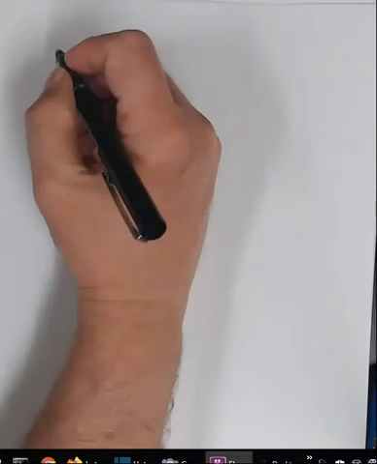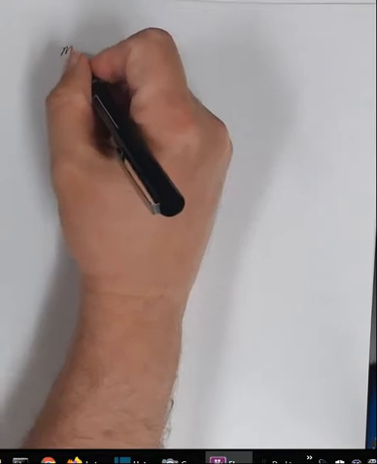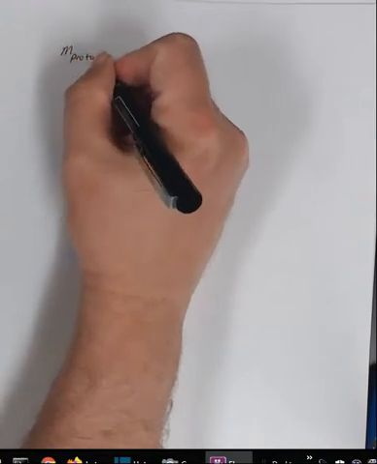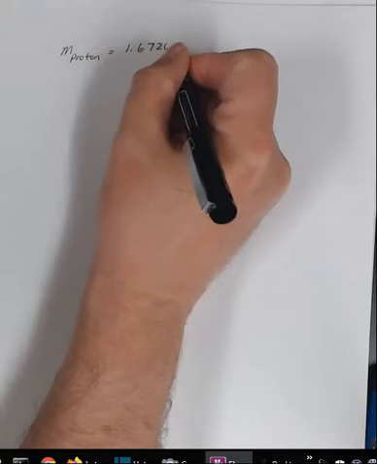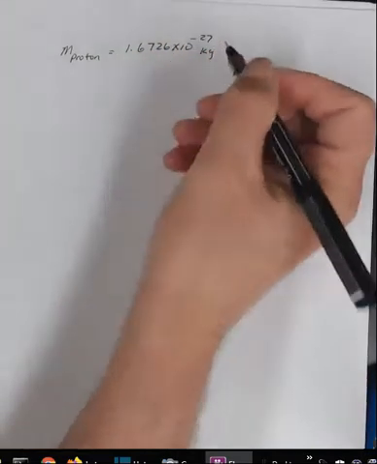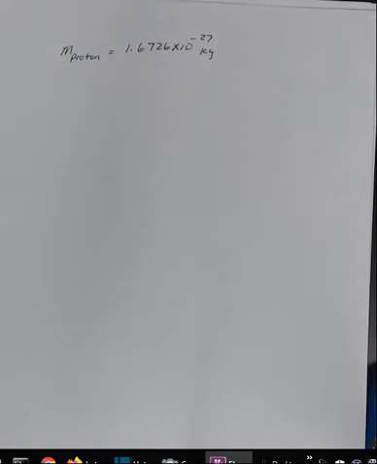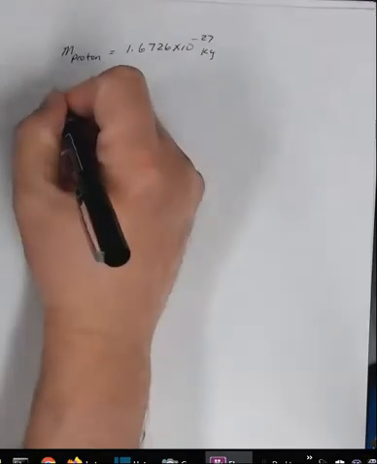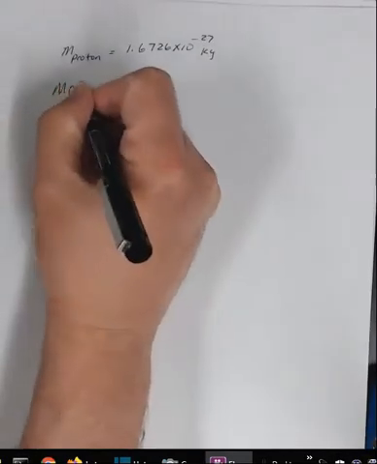Another thing I wanted to remind you is that when we start talking about the nucleus, we don't talk about masses in terms of kilograms. For example, the mass of the proton is about 1.6726 times 10 to the negative 27 kilograms. But we'll use relativistic masses, so we'll usually use mc squared.